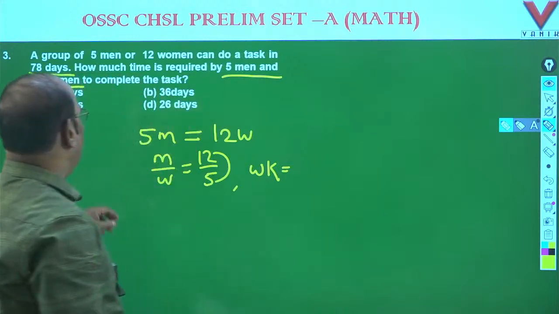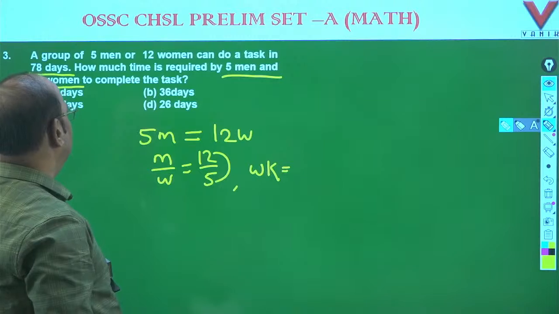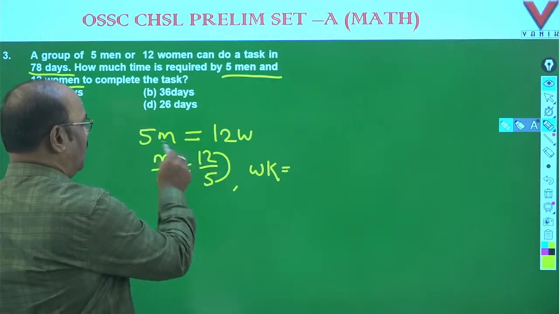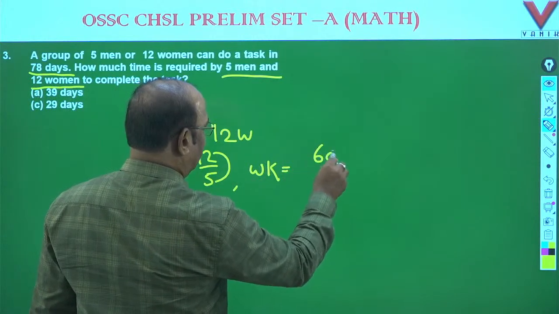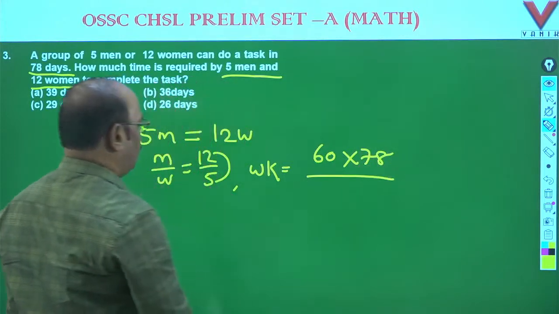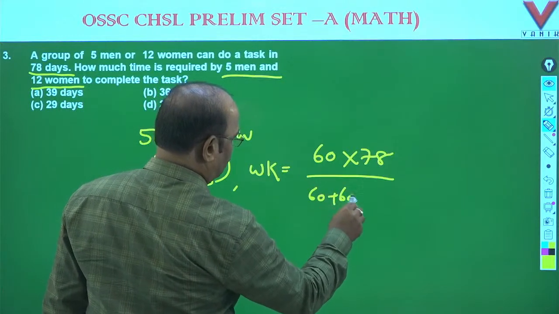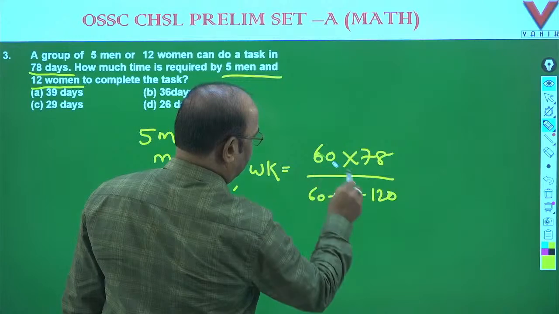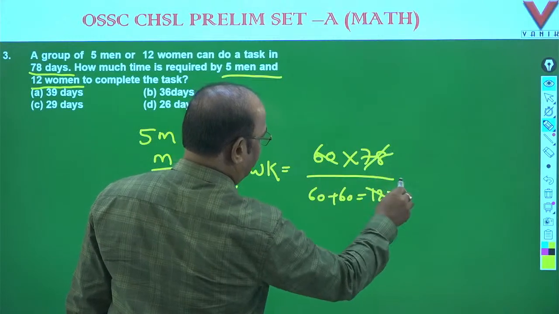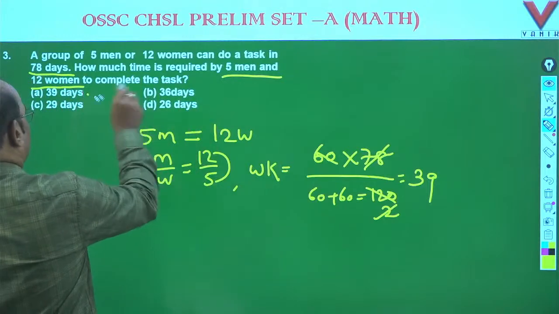Five men finishing in 78 days, so 1 man 12, 12 into 5, 60. So 60 into 78. And 5 men plus 12 women do 60 plus 60, 120. So total will be 60 by 120, and 78 divided by 2 is 39 days. So that is the option.